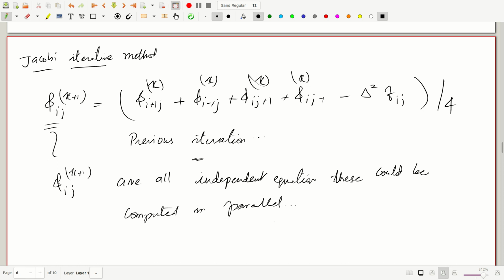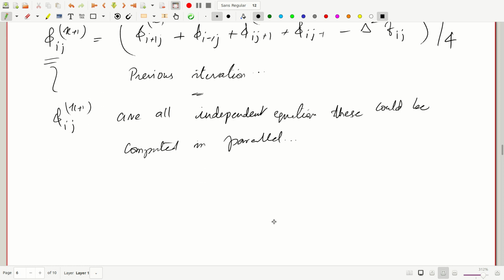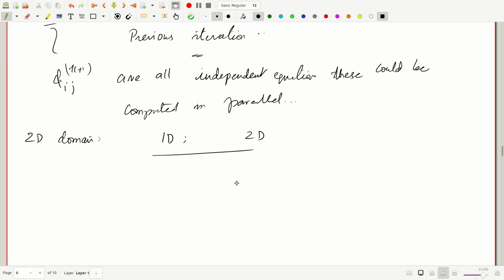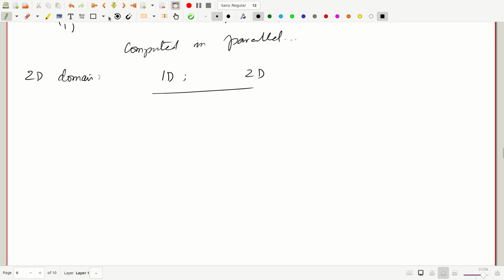And again, we are looking at a 2D domain, so we can look at two different decompositions: a one-dimensional decomposition or a two-dimensional decomposition. If you are looking at a one-dimensional decomposition, I think it's probably better to draw this here.